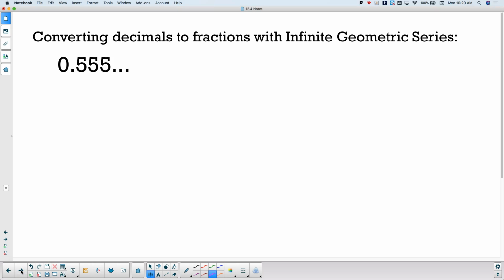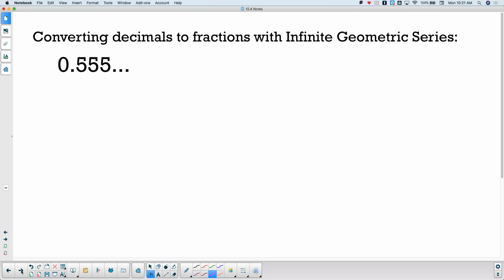Today I want to focus on converting repeating decimals into fractions, because the NTC, the tech, once in a while will throw this kind of problem onto the final. Okay? And it's not that hard if we use infinite geometric sums.